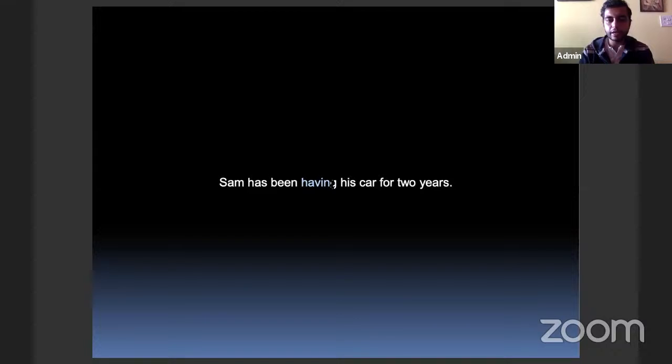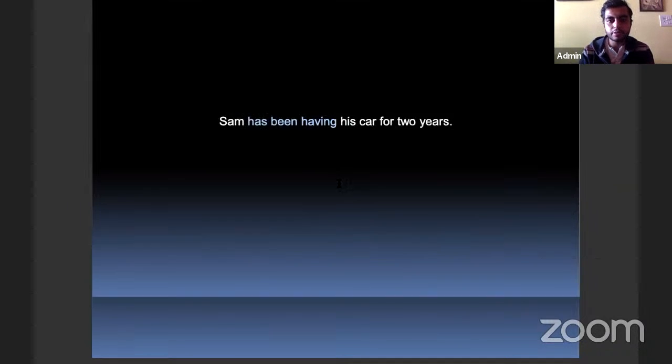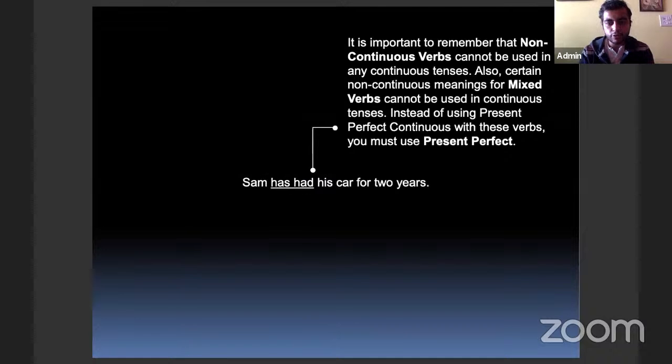Having a car is a non-continuous verb, because you cannot actually see someone having a car. If someone was eating a car, probably then yes, but that does not happen with normal human beings. So you cannot use the present perfect continuous in this sentence, and you have to go for present perfect.